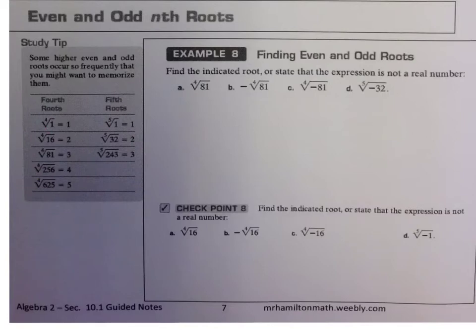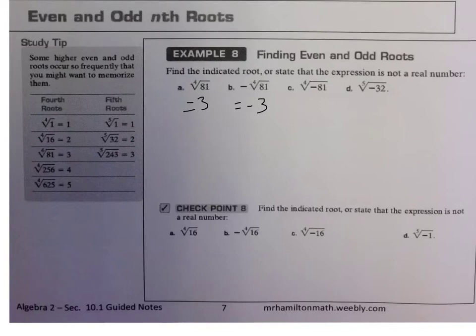If we're going to do 4th root of 81 for part A of example 8, we just look up on the chart, 4th root of 81 is 3. For B, the negative 4th root of 81, that's going to be negative 3.